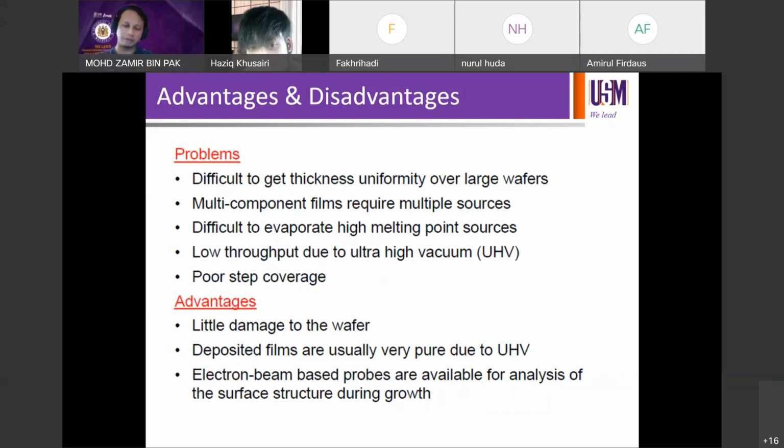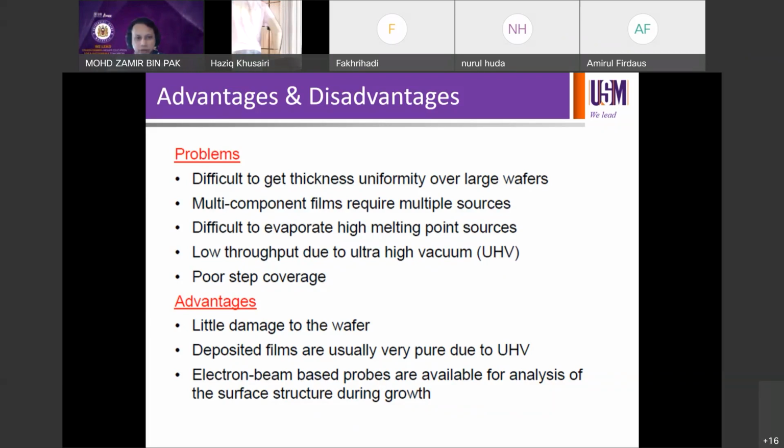Just imagine the non-uniformity issue experienced by all the wafers in the same batch due to line of sight deposition. If it's a small sample like we make in the lab, 1 by 1, 2 by 2 cm, okay, no issue. But if you talk about a 45 cm single wafer in a batch, it's worse, right? So it is difficult to get thickness uniformity on large wafers.